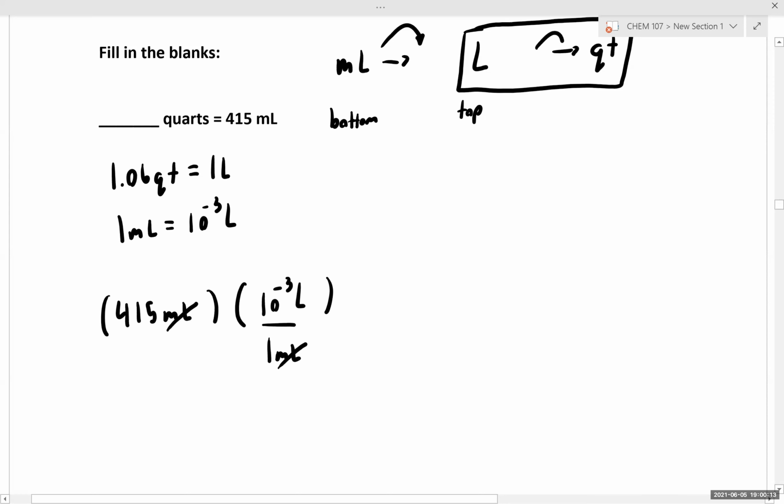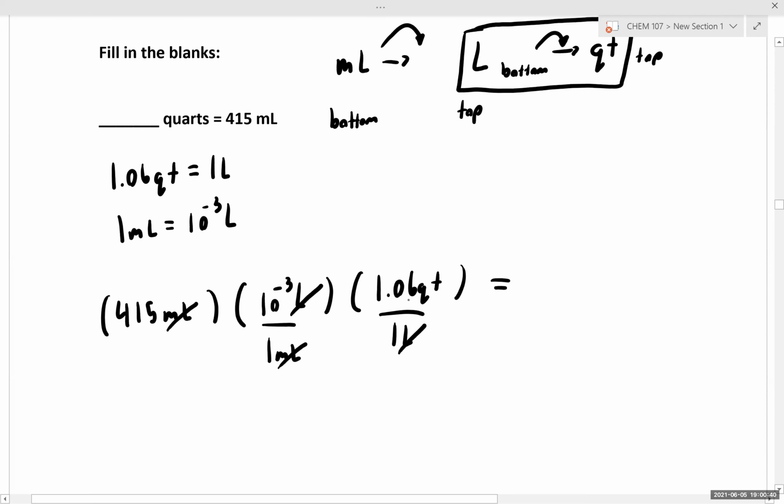From here, we're then asked to go from liters to our final desired units of quarts. In this case, units of quarts will be on top, liters will be on the bottom. So we'll fill in from our conversion factor. We have 1.06 quarts per 1 liter. Units of liters cancel. We're left with units of quarts.